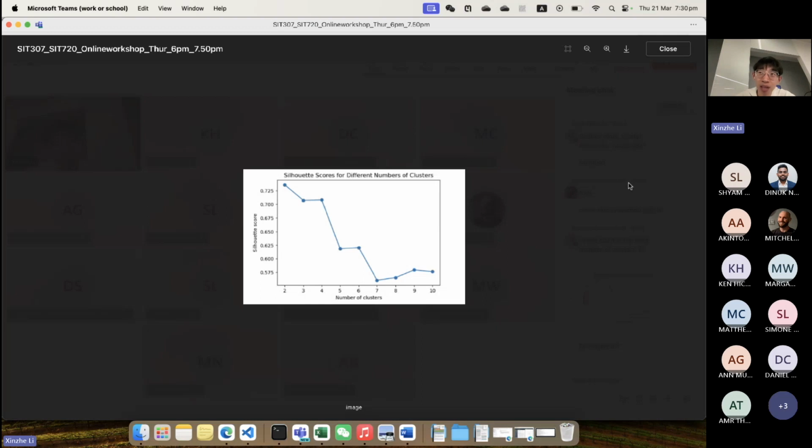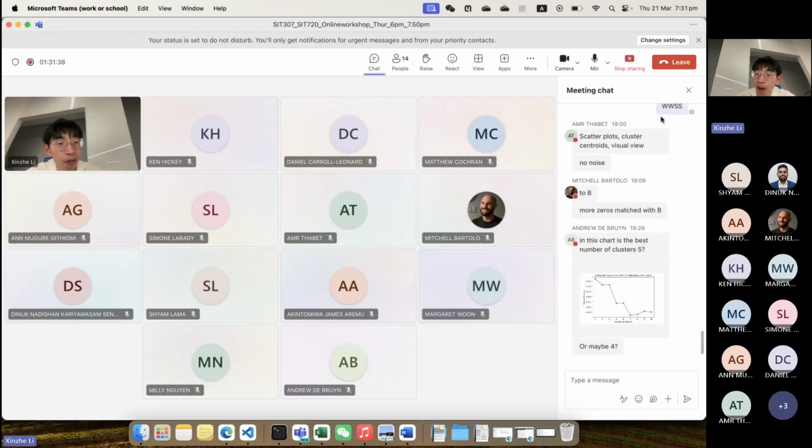Oh, sorry, number 4. I think you choose number 4 according to the concept of elbow. But just think again: is elbow reasonable for the silhouette score?